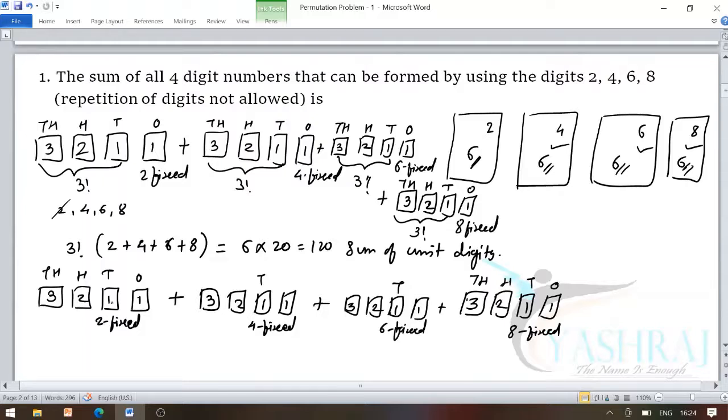So again 3 into 2 into 1 becomes 3 factorial, and in each case we have 3 factorial. Adding up the tens place, we have 2 plus 4 plus 6 plus 8, which again becomes 20, while 3 factorial becomes 6. So 6 times 20, we have 120 as the sum of the tens place digits.